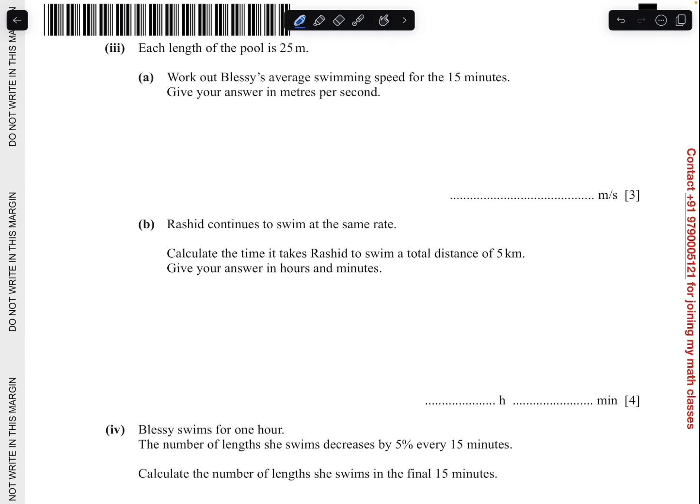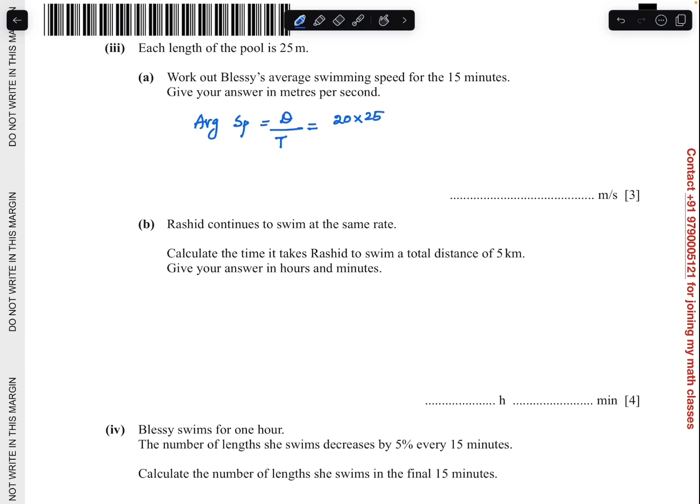So Blessy's average speed is equal to distance by time. So how much distance has been covered? For that we need the number of lengths also. So the number of lengths is 20 and each length is 25.